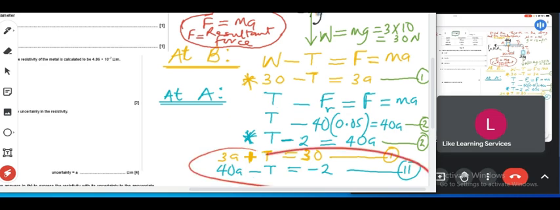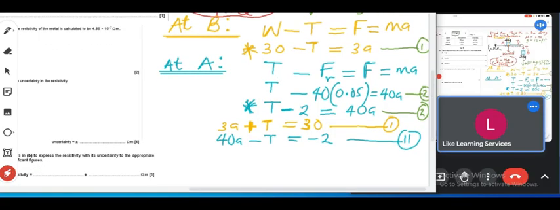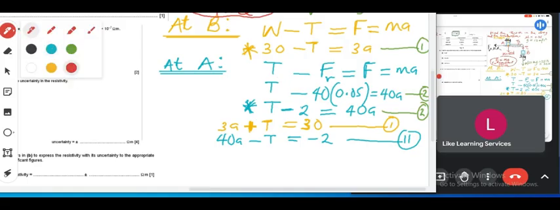Okay. So 3, 1 goes to 30. 40, minus 1 goes to minus 2. X is equal to 28 over 43.